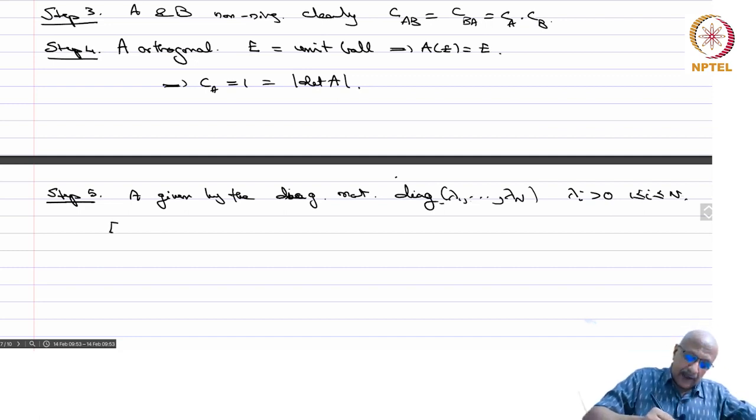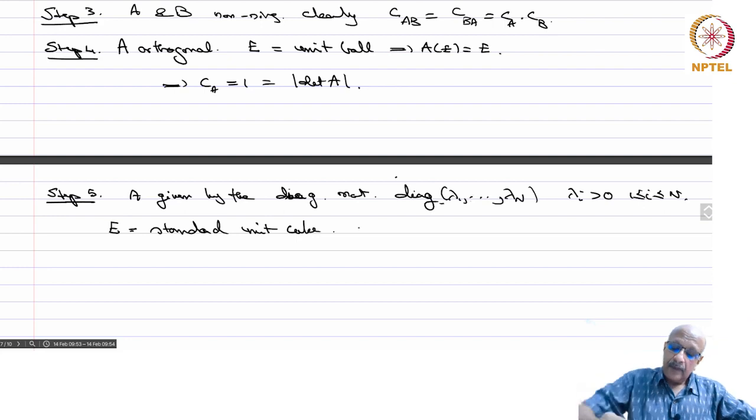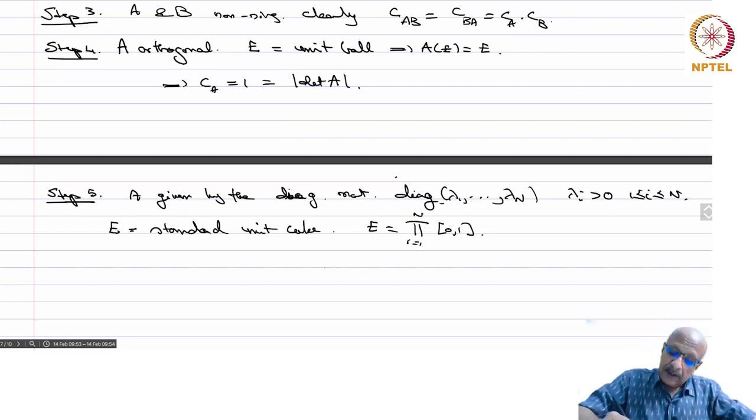Then you take E equals the standard unit cube, E equals the product over i equals 1 to n of (0, 1). So what is A of E? This is a diagonal matrix, so it is the product over i equals 1 to n of (0, lambda i).